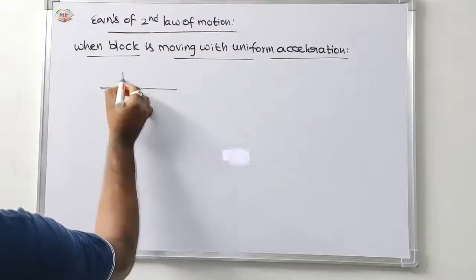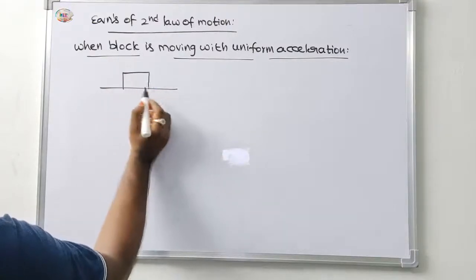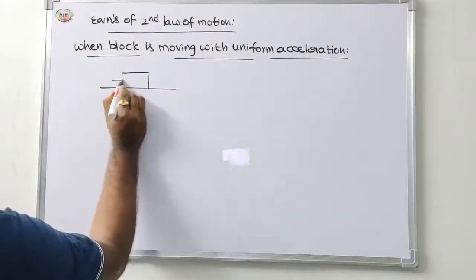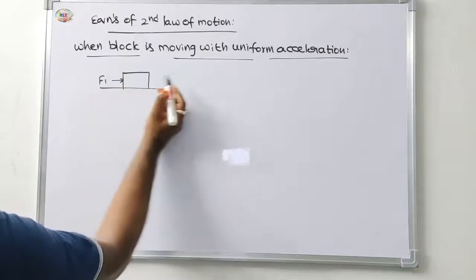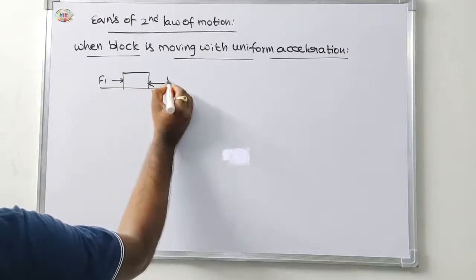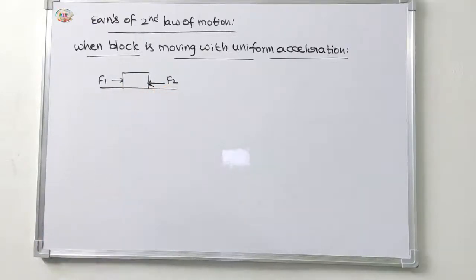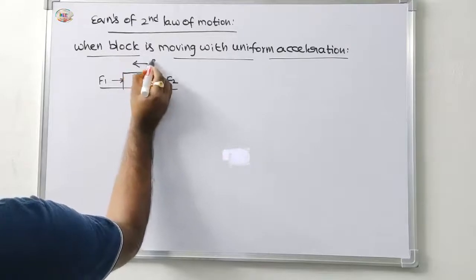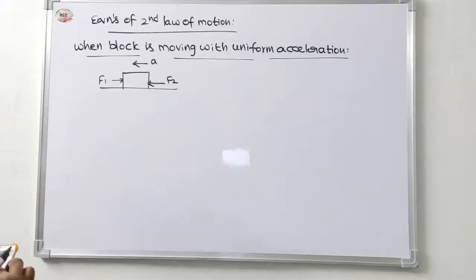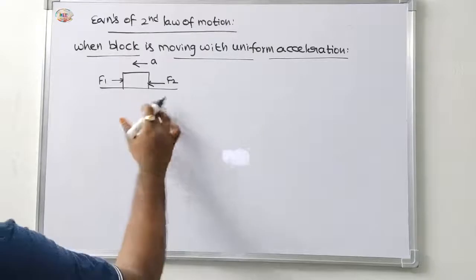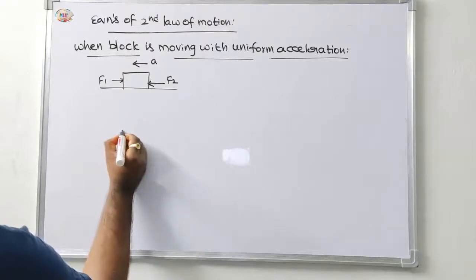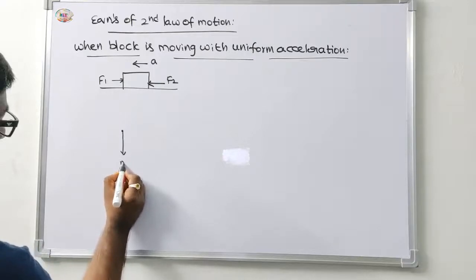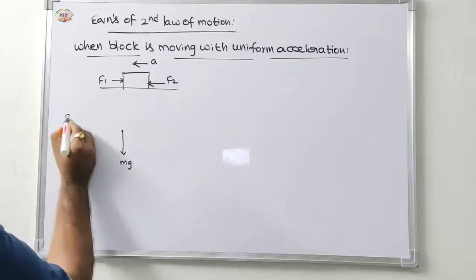In this block, two forces are applied. The F1 force acts in this direction, and F2 acts in the opposite direction of F1. The acceleration acts in this direction. First to draw the free body diagram, first identify the point object or system. mg is acting in the downward direction.